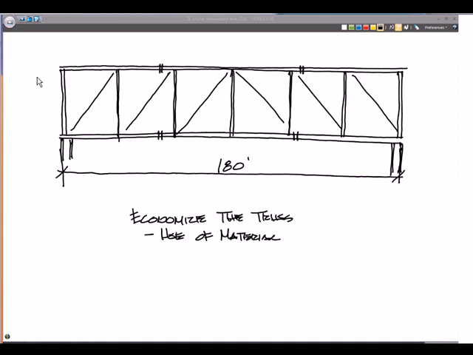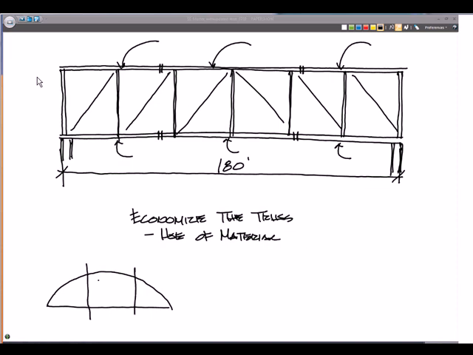So we can start to look at, if we're going to splice this member, we have an opportunity now to use different members for the top chords and also the bottom chords, based on how the stresses change, understanding the moment diagram. If we were to think about a moment diagram, it's greatest in the middle, and there's less moment and less stress near the ends.